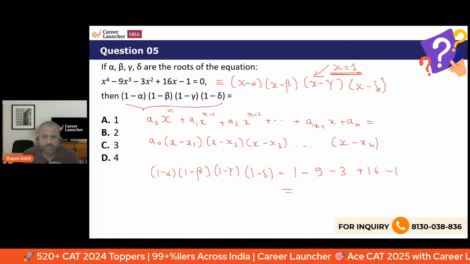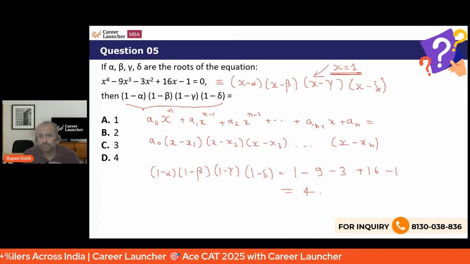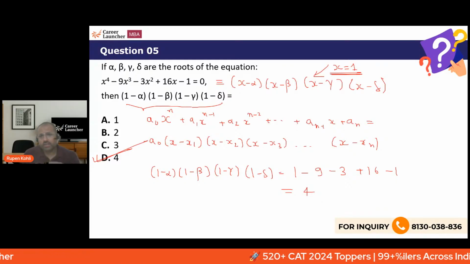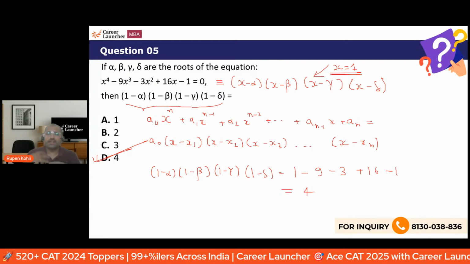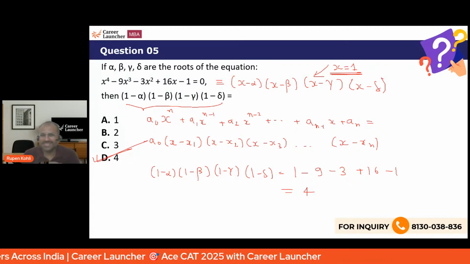Which is 1 minus 9 is minus 8, minus 3 is minus 11, plus 16 is 5, minus 1 is 4. So this question just required our knowledge of the fact that any polynomial can always be expressed as the product of all the factorized terms corresponding to its roots.